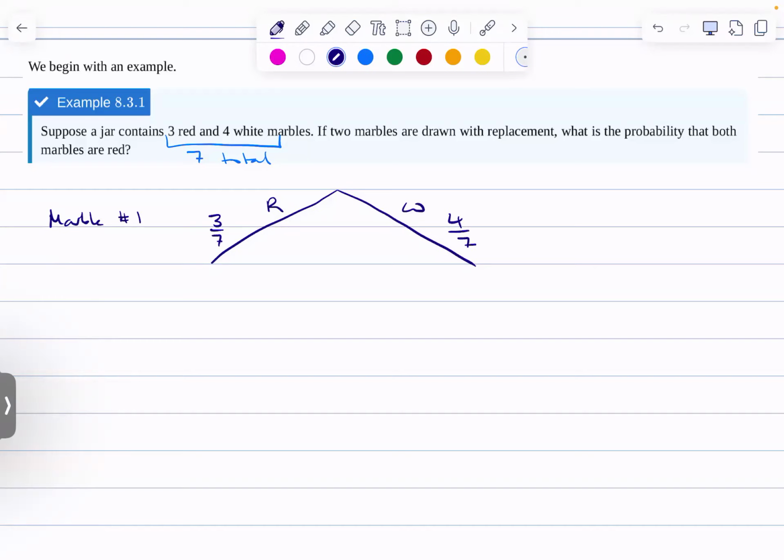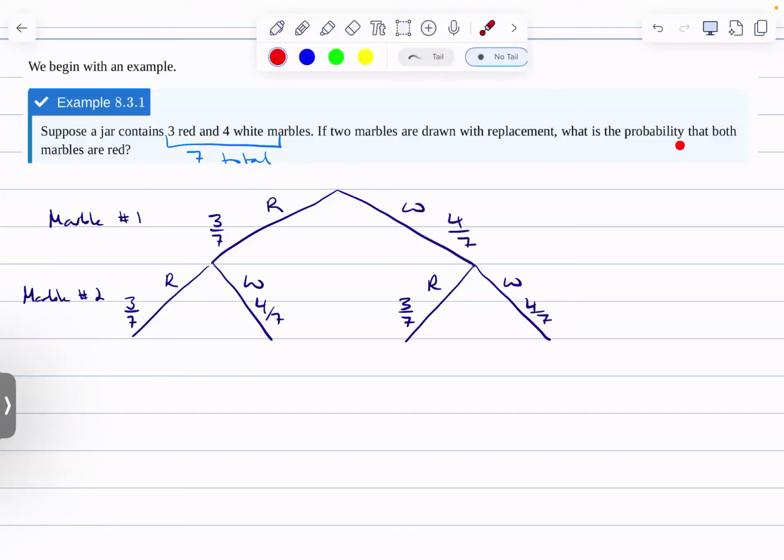Now, if they're drawn with replacement, right, then when I go in for my second marble, number 2, it doesn't matter what happened in the first marble. I can either draw a red or a white, and those probabilities are the same. 3 in 7 and 4 in 7. Doesn't matter what happened at the first draw.